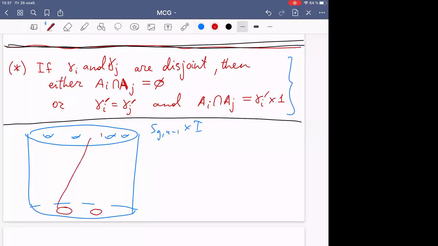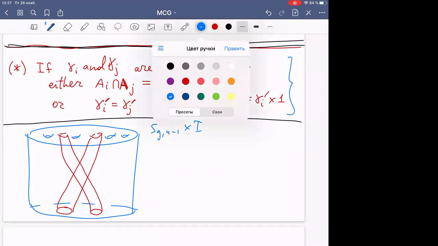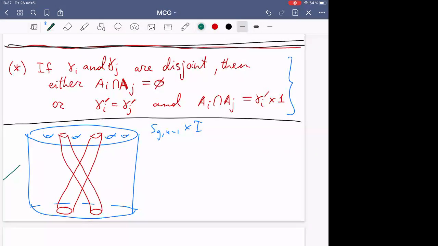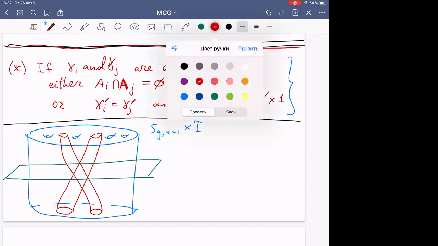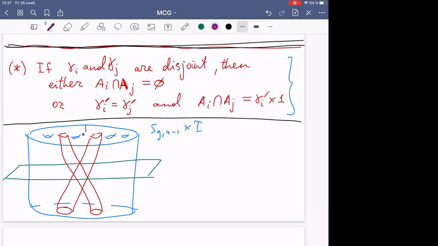Now look at some level. Yes, and there is one more important thing. There is here a point P1 and there is a segment P1 times I, which intersects annuli transversally in finitely many points, and it doesn't intersect two annuli at the same time.